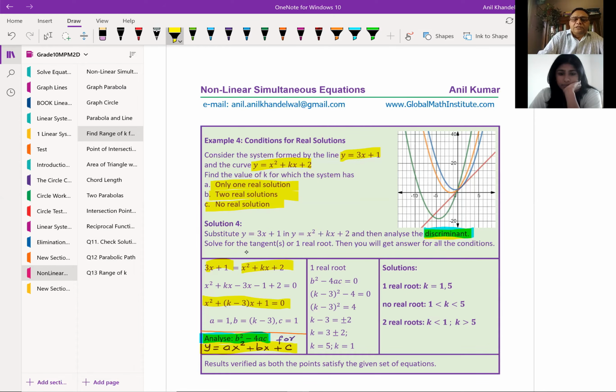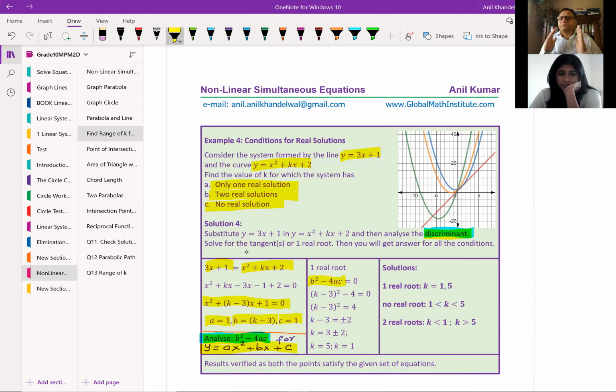Comparing it with the standard quadratic equation, a is 1, b is k minus 3, and c is 1. The coefficient of x is b, which is k minus 3. As you were saying, we have to just analyze b squared minus 4ac.